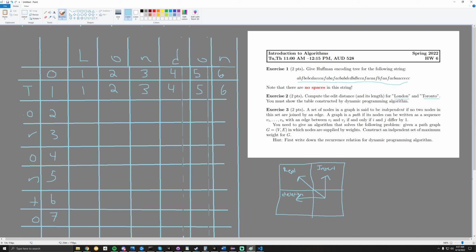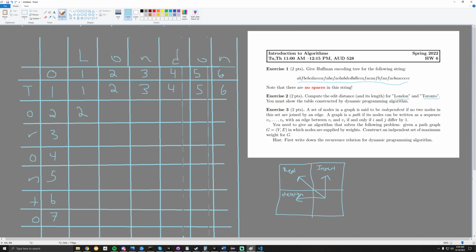In the next row, though, we've got an O. So an O actually will finally help us out. It doesn't help with the L. So TO and L, that doesn't help, unfortunately. Since they don't match, we would have a 1 plus our lowest neighbor, which in this case is a 1 up here, so 1 plus 1, or 2.